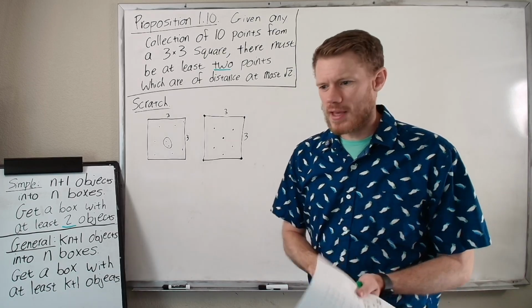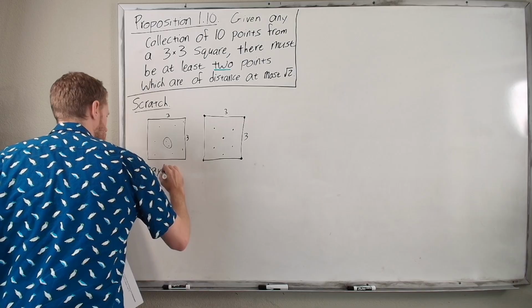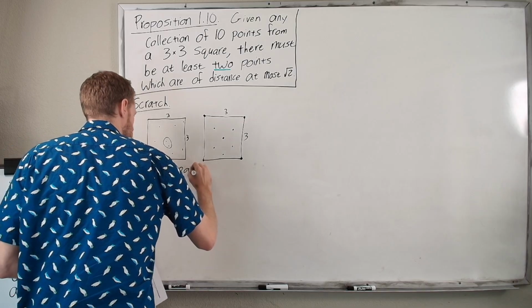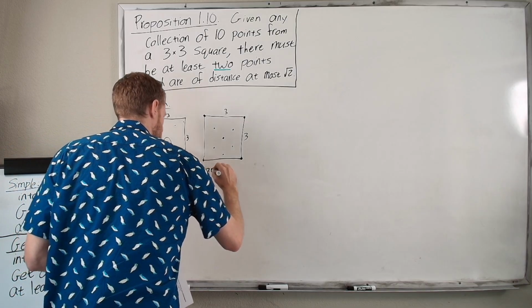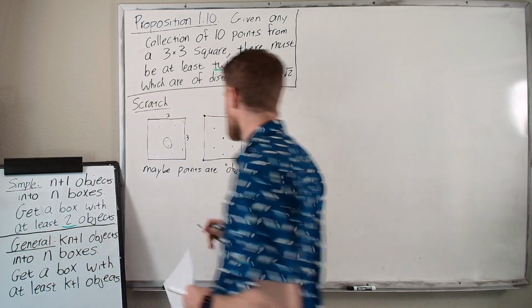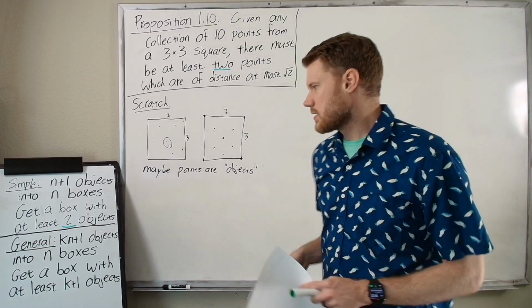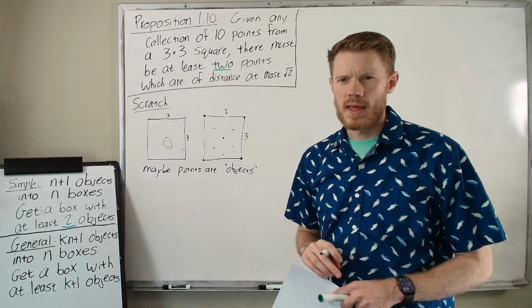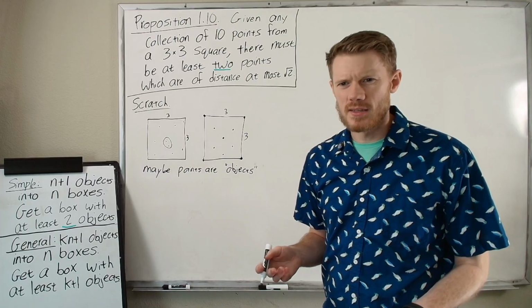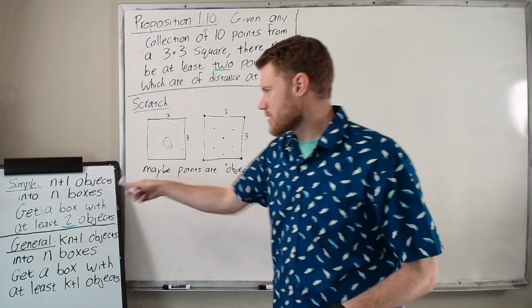Okay, so you're thinking maybe the points are the objects in this pigeonhole principle. In that case, what are the boxes? Well, in order to use the pigeonhole principle, you need more objects than boxes.